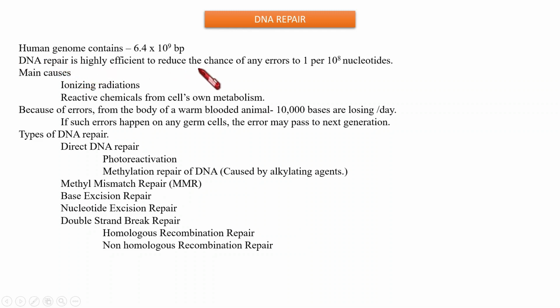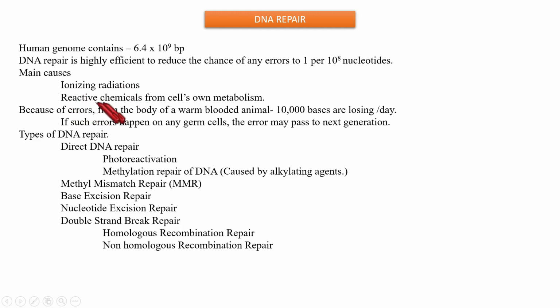And we need to understand how these errors are happening to the DNA. A lot of reasons are there, and the main reason is if you are exposed to ionizing radiations or because of the presence of certain reactive chemicals.